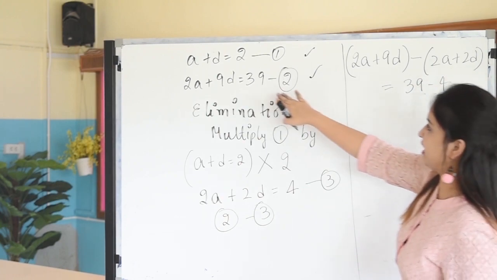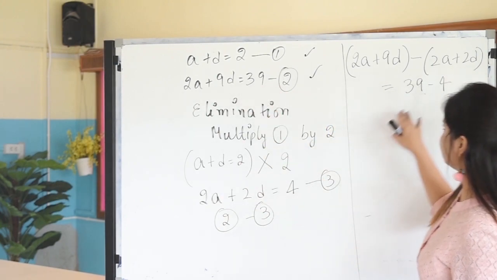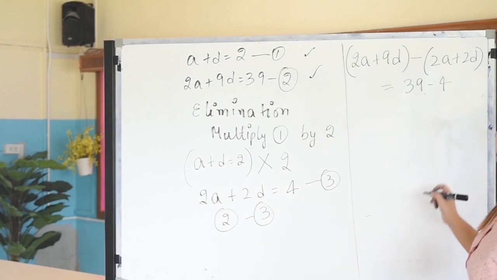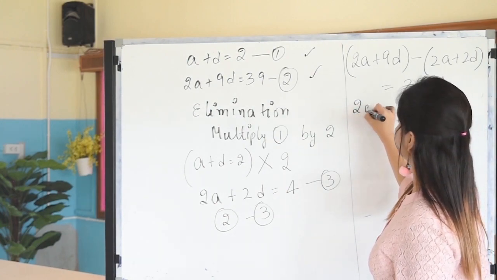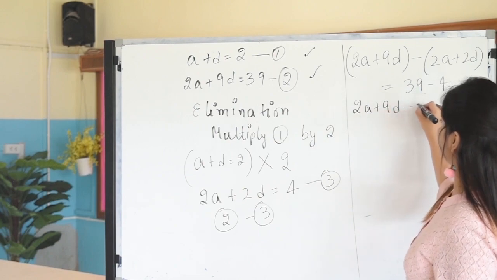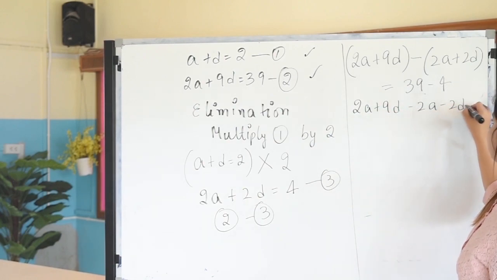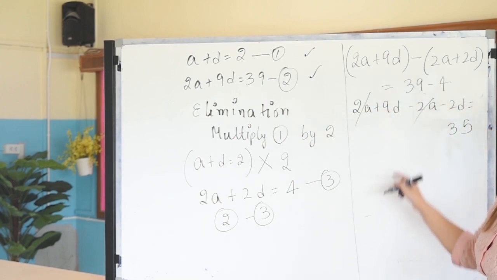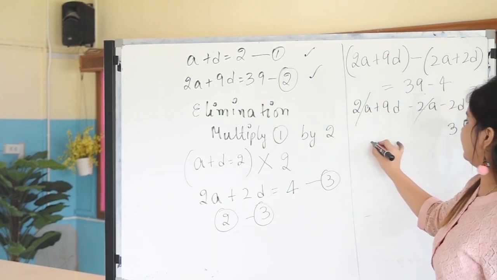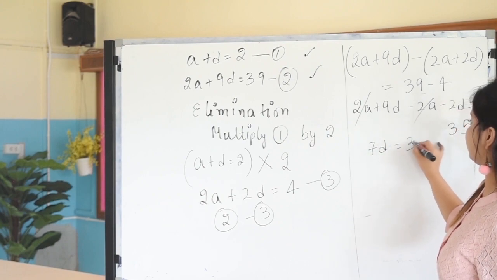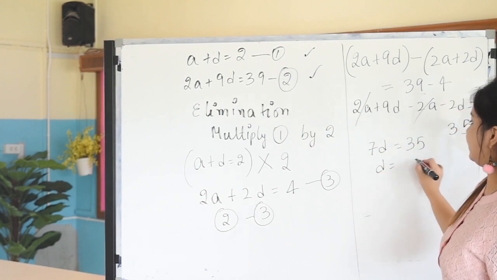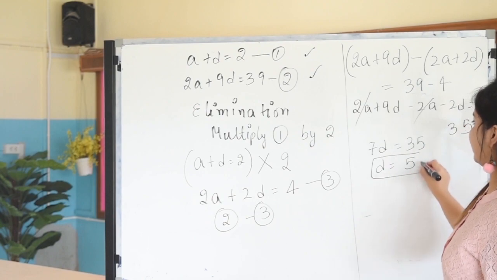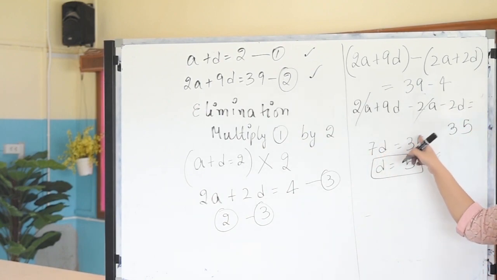Similarly, on the right side, I have 39 minus 4. Now, just simplify this. 2a plus 9d minus 2a minus 2d is 35. 2a cancels. 9d minus 2d is 7d, 7d is 35, or you can say d is 5, because 7 times 5 is 35.